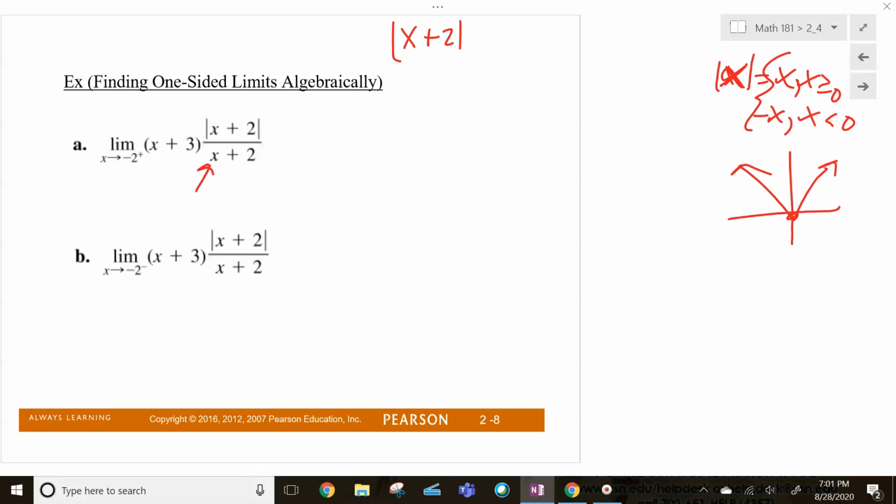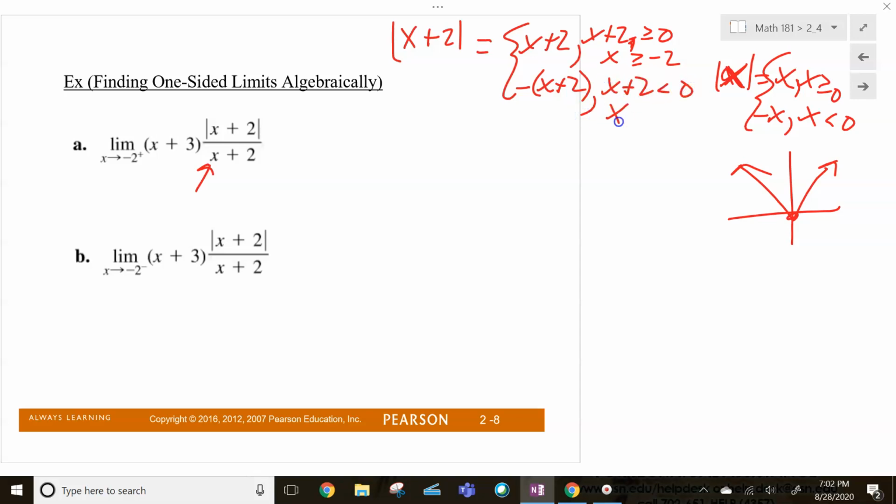Okay, so it had two cases, if you will. So the absolute value of x plus 2 is x plus 2 whenever x plus 2 is greater than or equal to 0. In other words, x is greater than or equal to -2. Or it's the opposite of that whenever x plus 2 is less than 0. In other words, whenever x is less than -2.